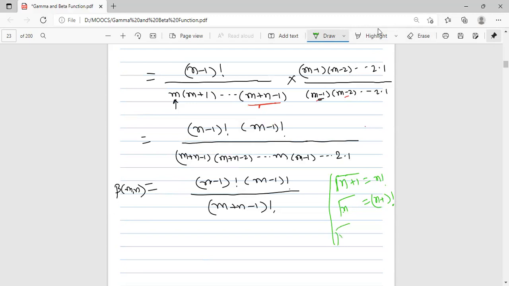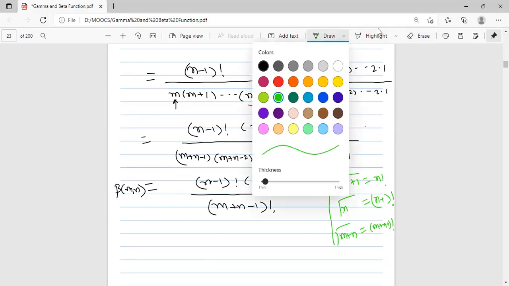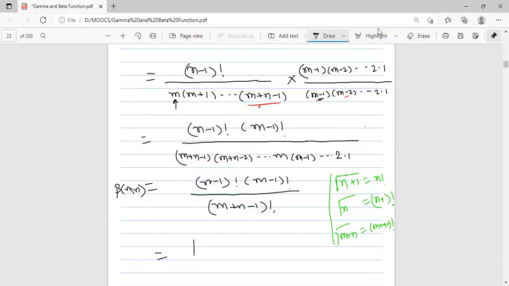In a similar way, gamma of m plus n is nothing but m plus n minus 1 factorial. Similarly, we are getting gamma of n because gamma of n is n minus 1 factorial, and gamma of m is m minus 1 factorial. Similarly, we are getting gamma of m plus n. What is beta mn?